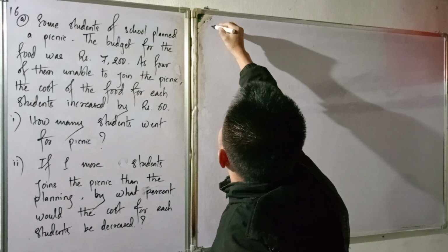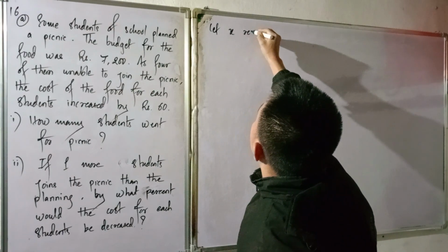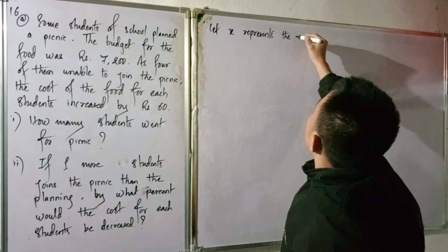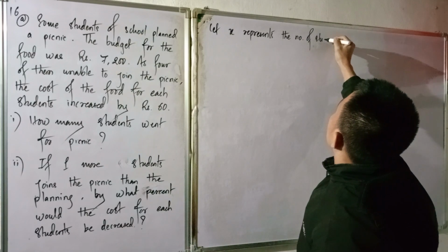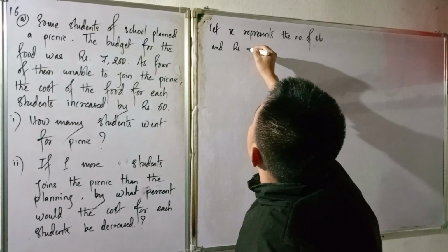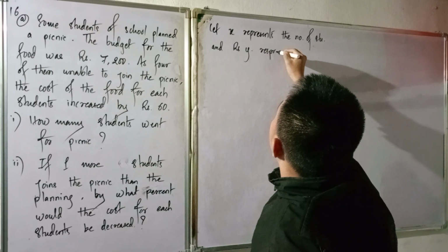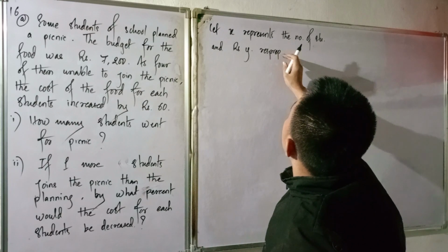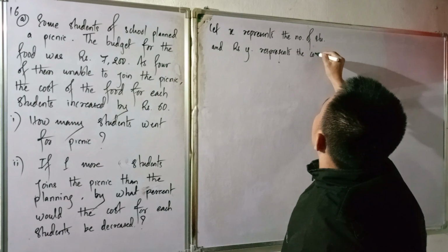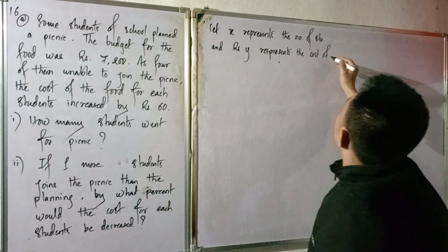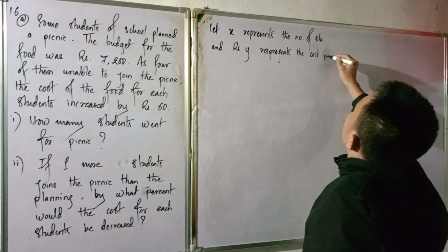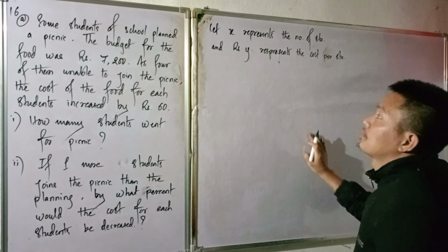So let X represent the number of students, and let rupees Y represent the cost per student who are going on the picnic.